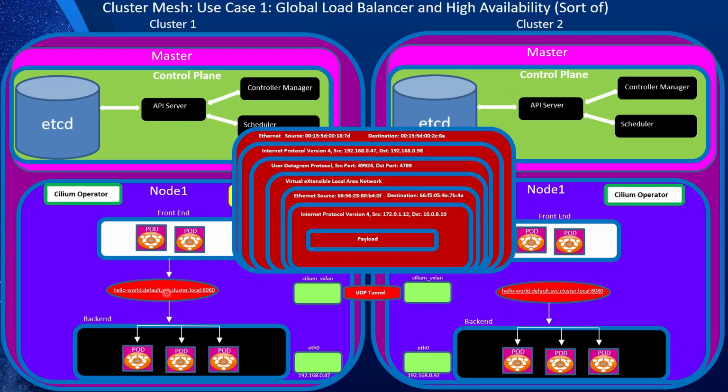Since it went through this service and then it was picked up by Cilium here, the destination changes from the IP address of the service to the IP address of the Cilium interface on the other side. And then when the call gets over here, the call is forwarded to one of these pods, and then the pod will respond and goes through the tunnel again in reverse until the pod gets resolved.